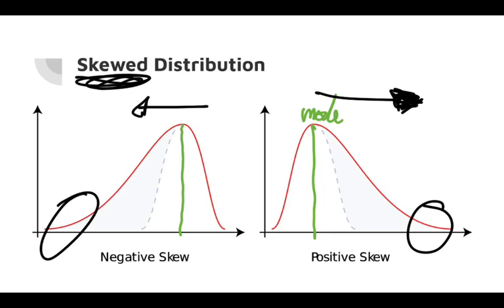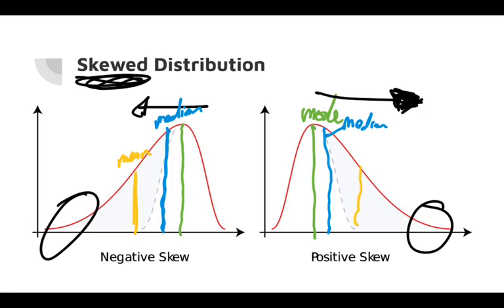For these things, the median is not pulled as much, so maybe, I'm just guessing, the median is going to be right here. There's the median. That's the number in the middle of the distribution. And then the real weakness of the mean, I'm going to do this in this color this time, is that the mean is very influenced by outlying data.